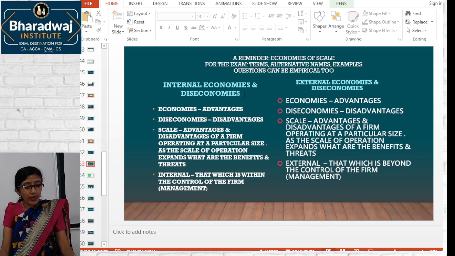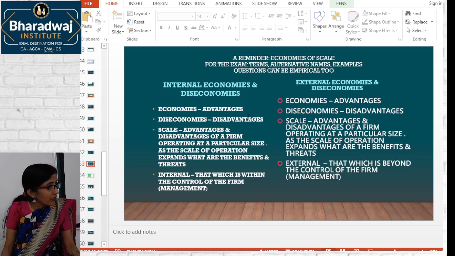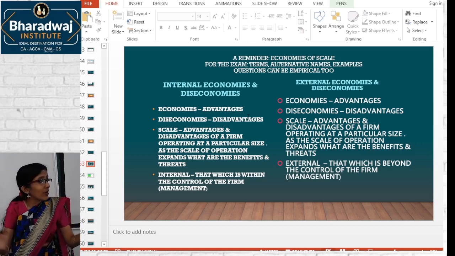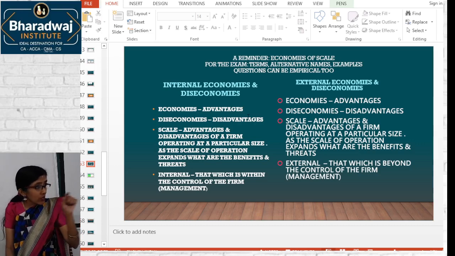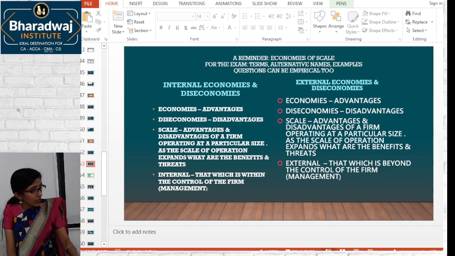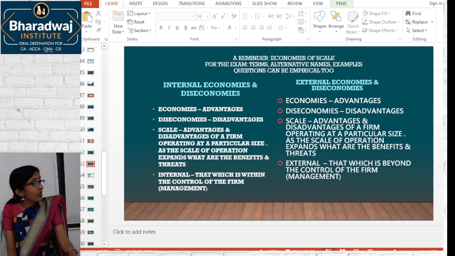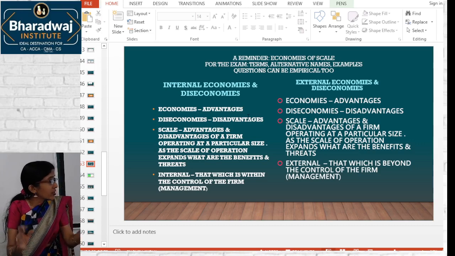Now, internal economies and diseconomies. So, economies means advantages, diseconomies are disadvantages. Scale, you remember, I think I told you many times in the class, is the size of the firm, particularly a large-scale firm, a firm which has expanded its operation. So scale, as far as this chapter is concerned, denotes the size of the firm, and we are talking about a large-scale firm, a firm which has expanded or extended its operations.